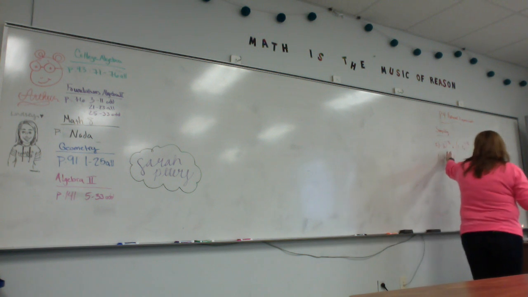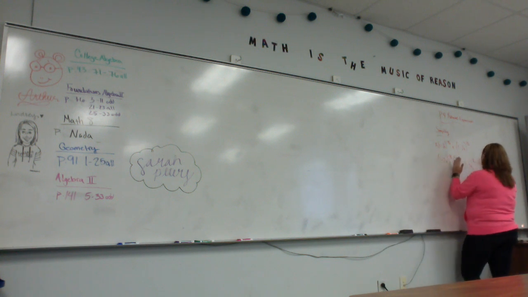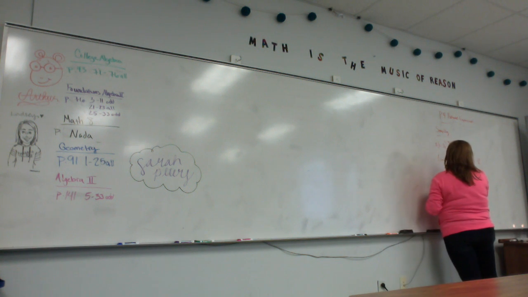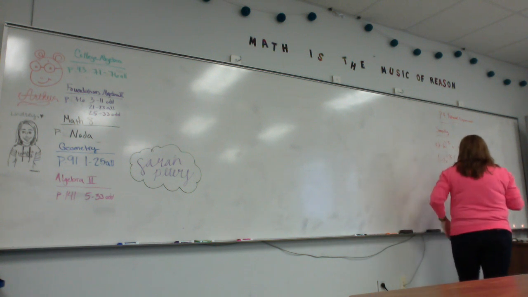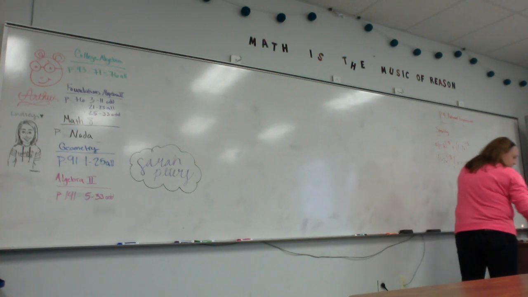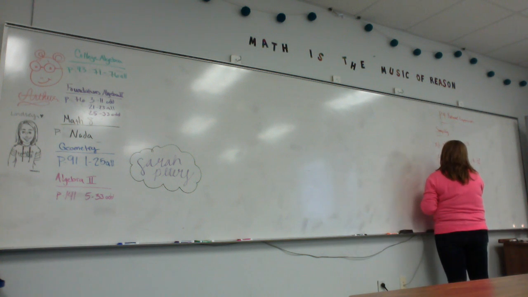So I factor that out. When I factor that out, I take everything else and put it in brackets with its symbol, and then I add these exponents up top.